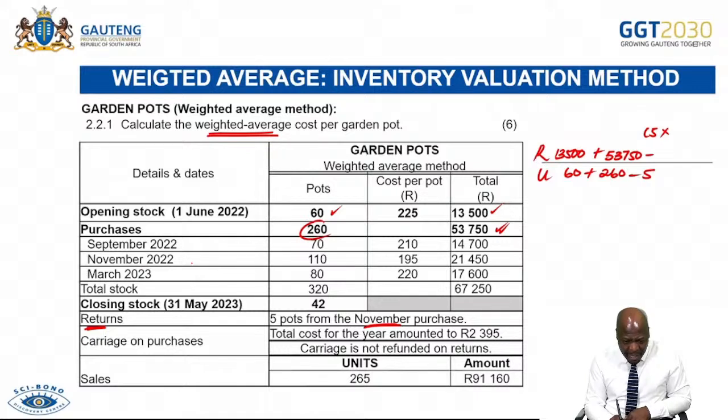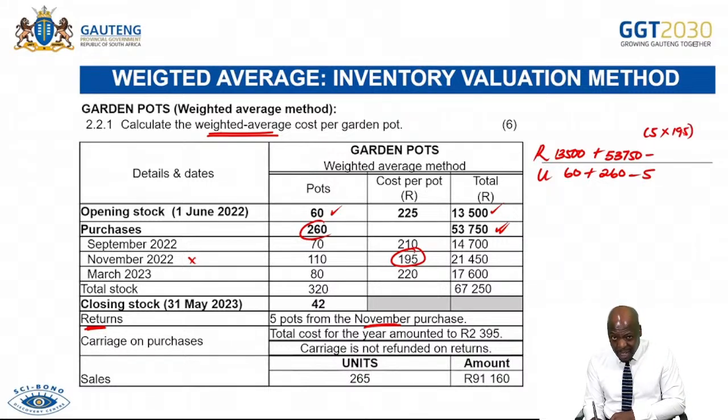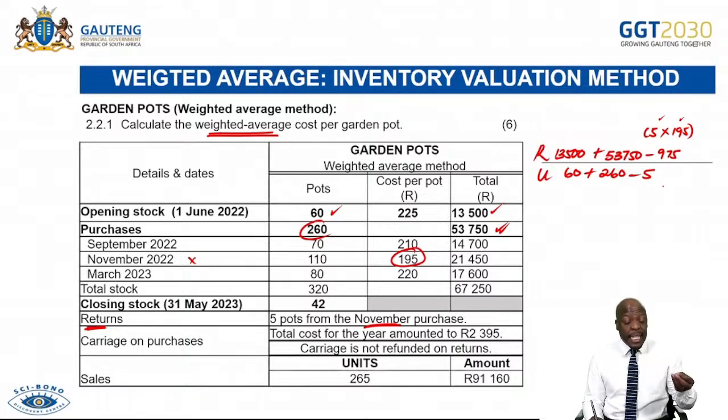Here's November. What was the cost per unit? 195. So 5 units multiplied by 195 gives me 975. So I have my returns in value as well as in units.